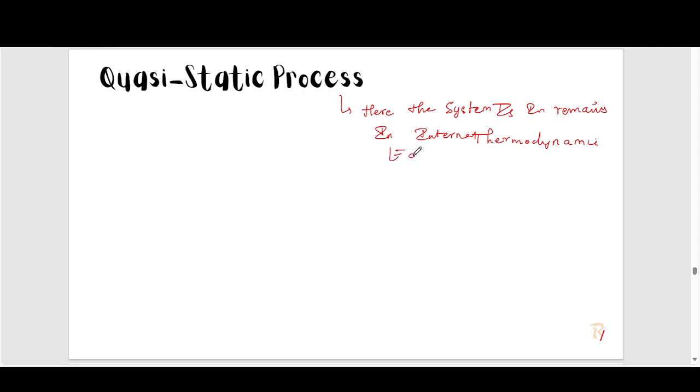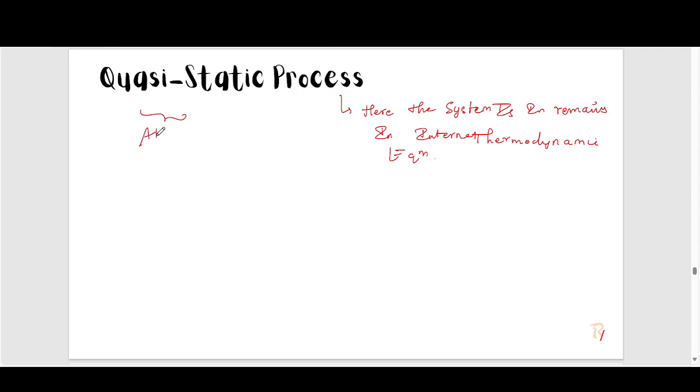Coming to the quasi-static process. Here the system remains in internal thermodynamic equilibrium.